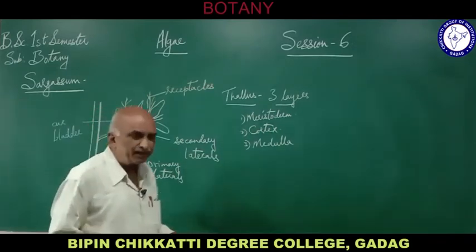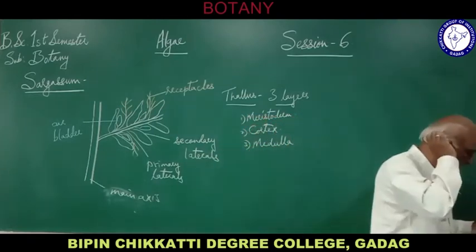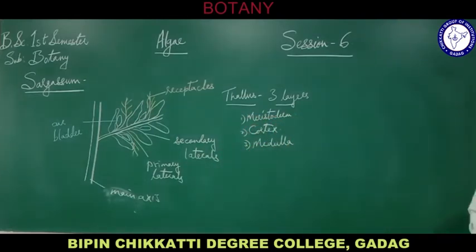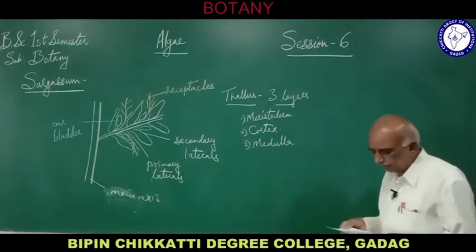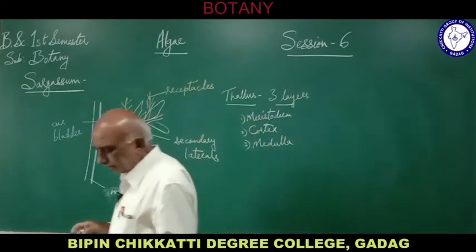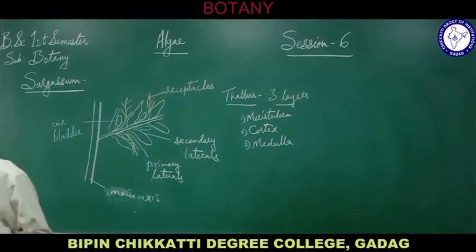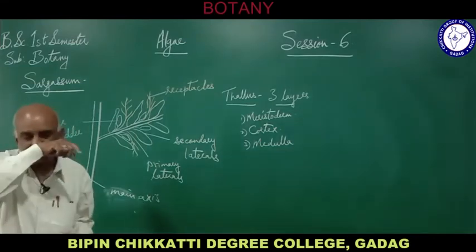Here also, similar to that, the medulla, which is the central part of the thallus, consists of loosely arranged cells which are similar to parenchyma, but we don't use the name parenchyma here. These also have thick walls only on the outer sides, and inner there is a thin wall.